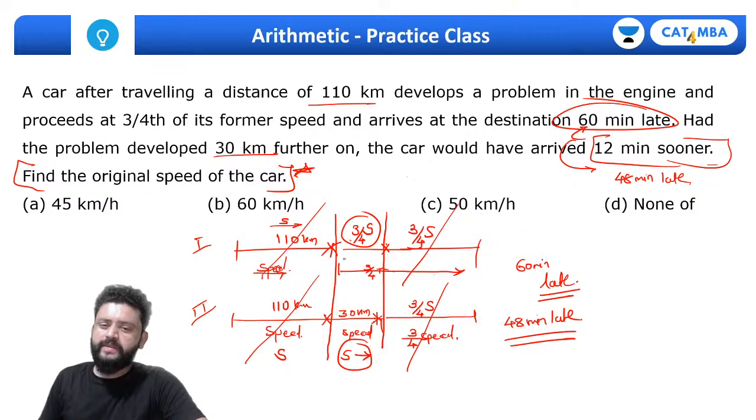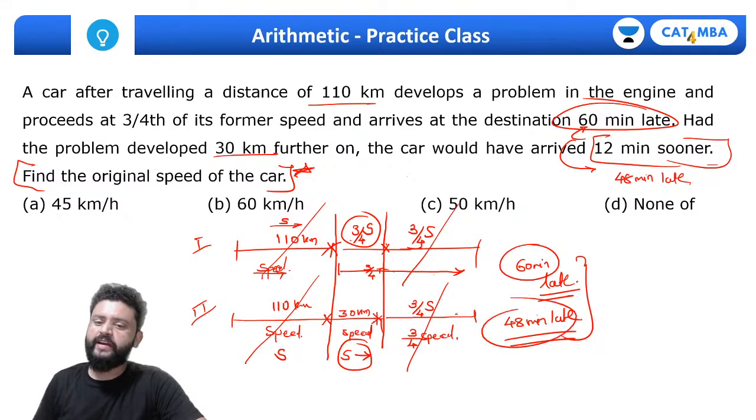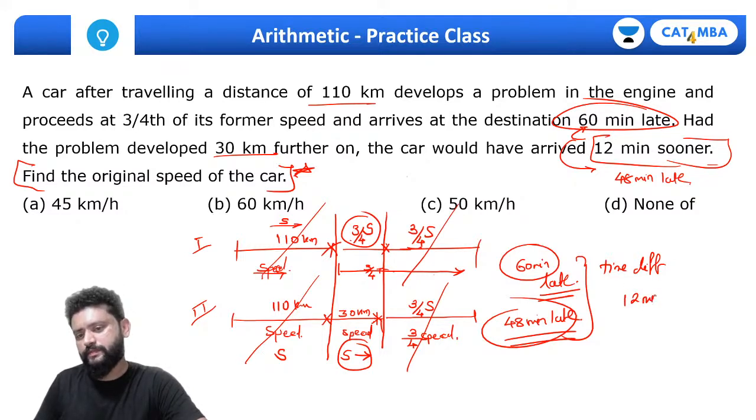And because of this difference, here 60 minutes late, here 48 minutes late. So what is the difference between time? Time difference is 12 minutes.